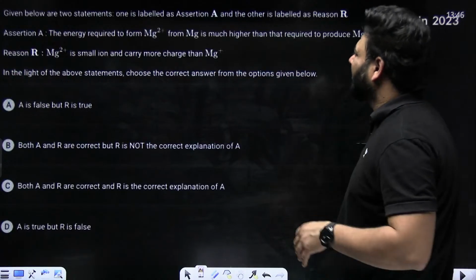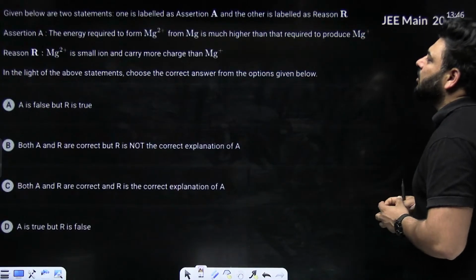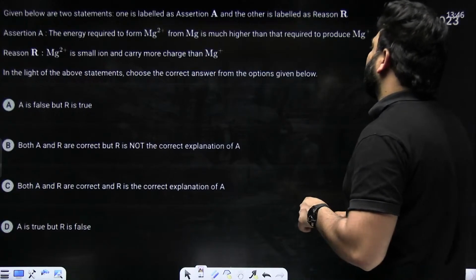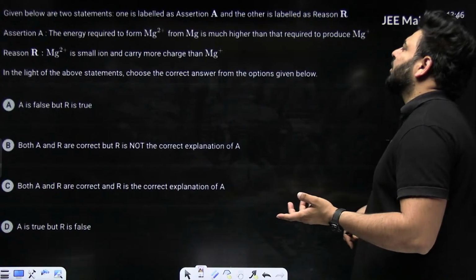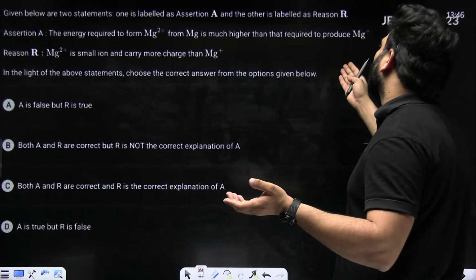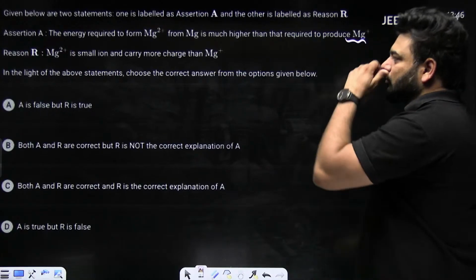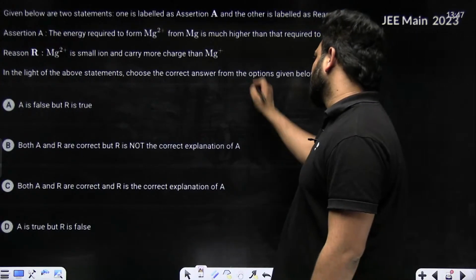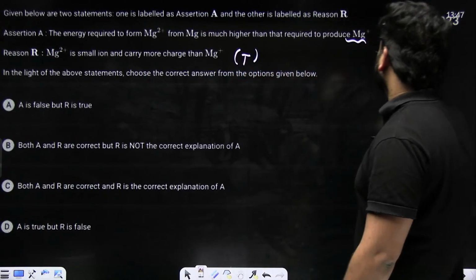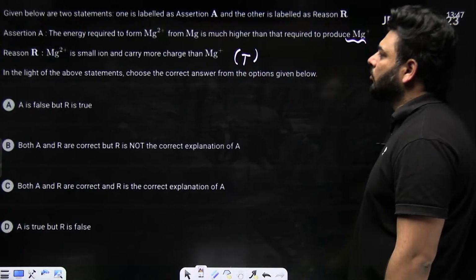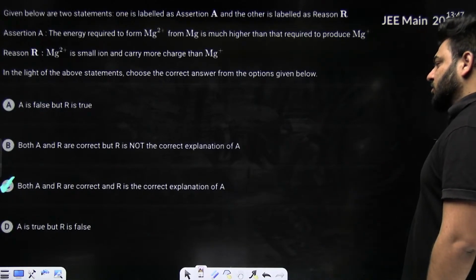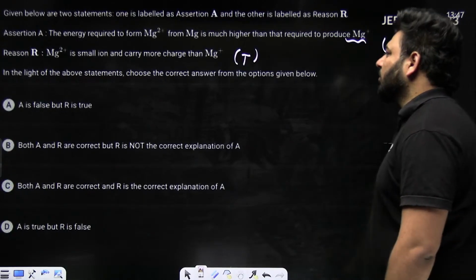Let's move forward. Next question: the energy required to convert Mg2+ to form Mg is much higher than that required for Mg+, which is true, because there we require 2 electrons to remove. Initially we required only 1 electron to remove from Mg+. Mg2+ is small and carries more charge than Mg+, which is also true. So both of them are true, and it is the correct explanation as well. How?